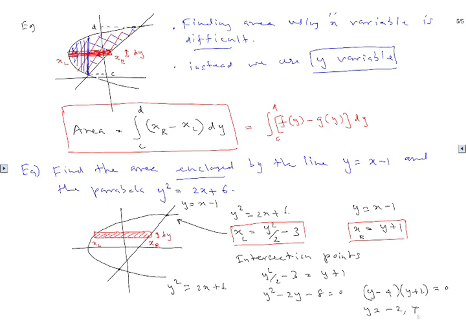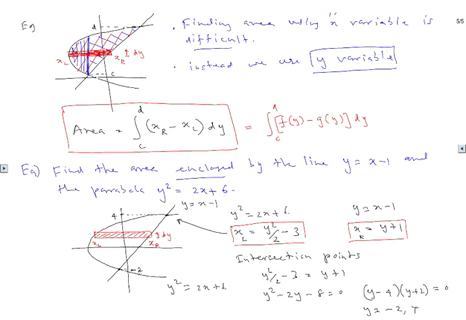Those are the y values that we need, so you can mark them. One y value is -2, the other y value is 4.